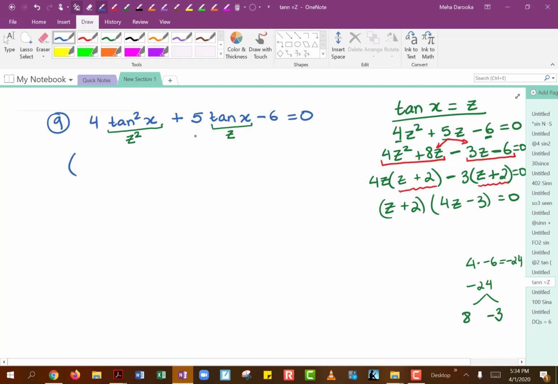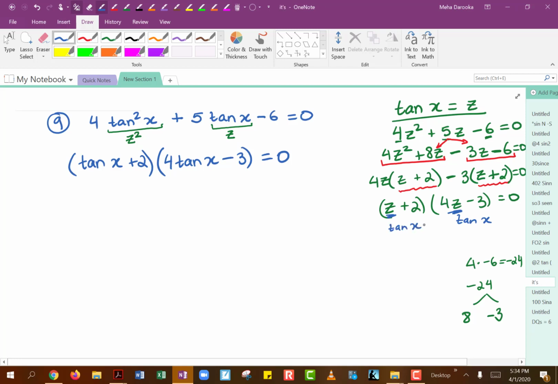So this will, remember, z is tangent of x, so you will have tangent of x plus 2 as one factor and 4 times tangent of x minus 3 as my second factor. So you're just replacing the z now with tangent of x.